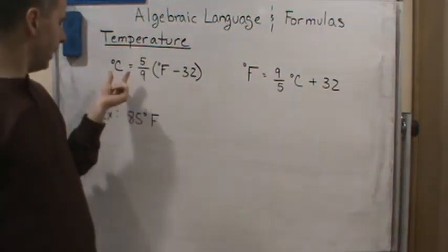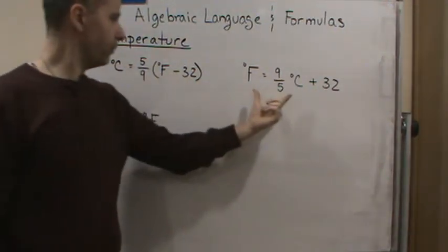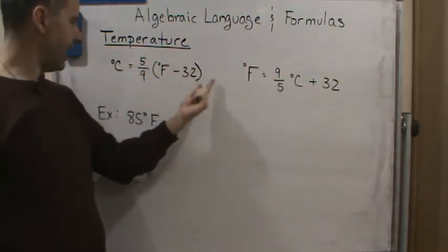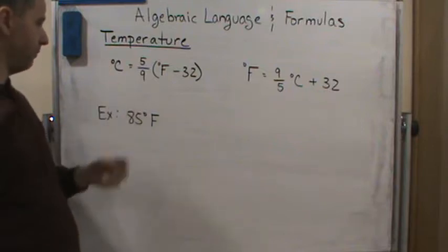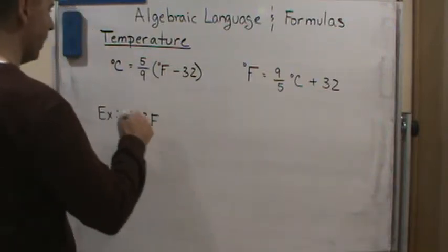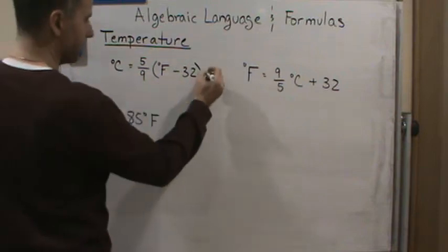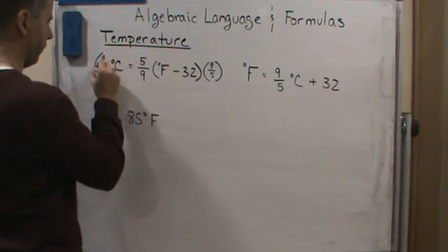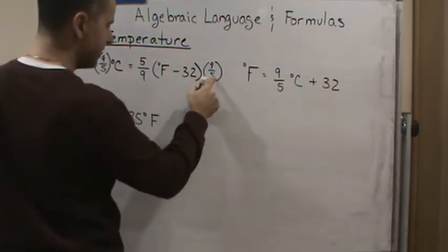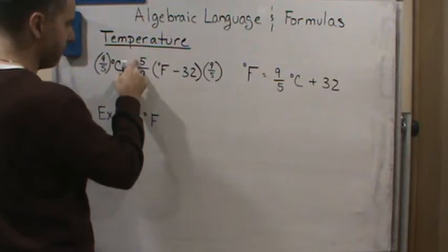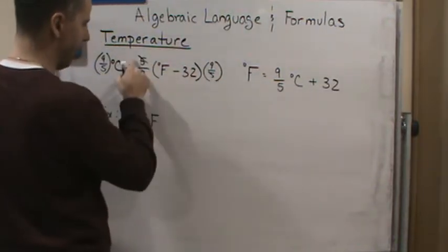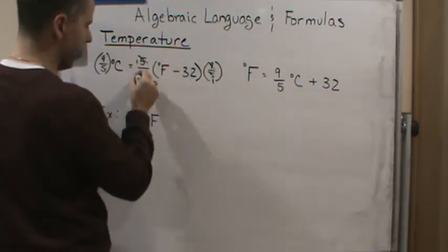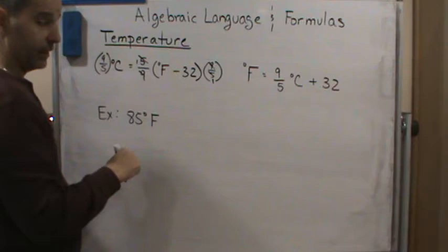For example, if I wanted to get this formula, I could use this formula and multiply both sides by 9/5. So 9/5 times 5/9, the 5 cancels with 5, because 5 divided by 5 is 1, and 9 cancels with 9, because 9 divided by 9 is 1.